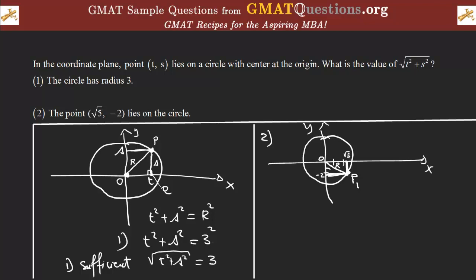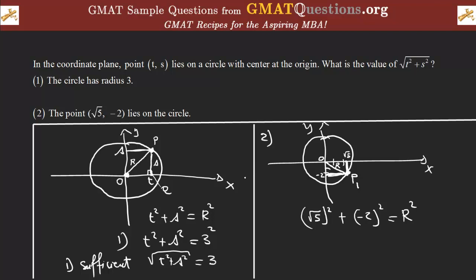The Pythagorean theorem also tells us, because we have just created a right triangle here, that root 5 squared plus negative 2 squared is equal to the radius squared.